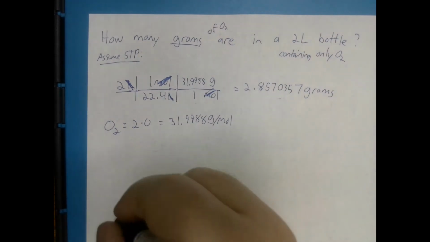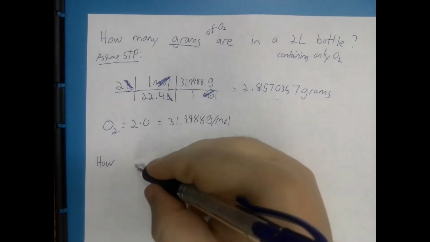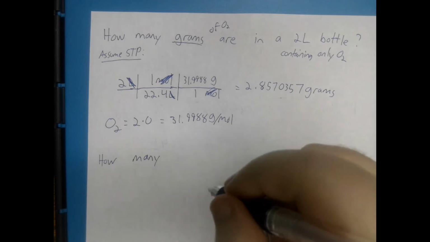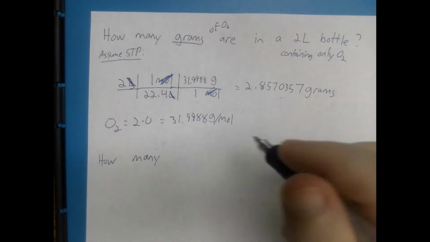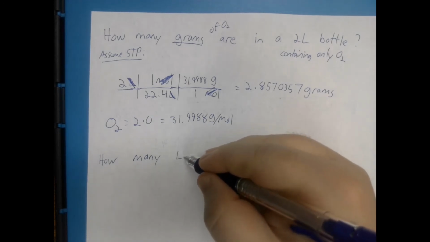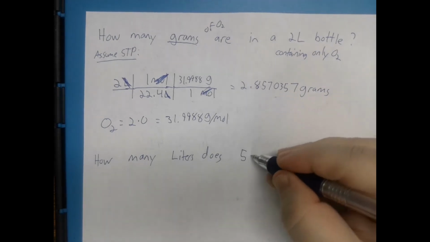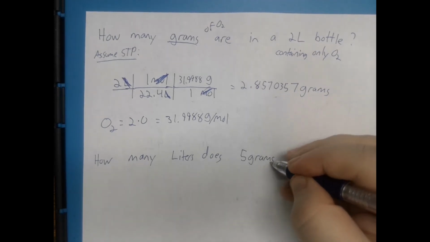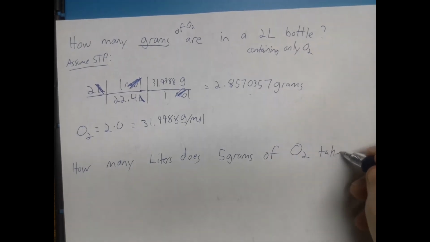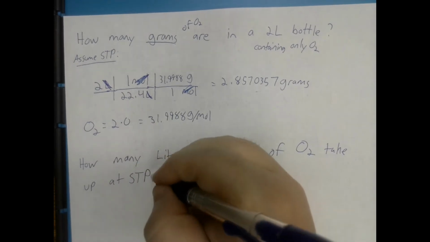Let's say we wanted to go in reverse. So how many liters does 5 grams of O2 take up at STP?